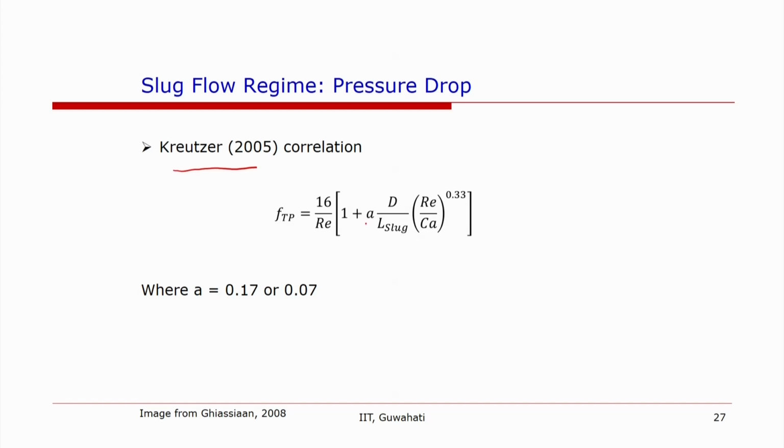The value of a that he obtained from his correlation was 0.17, and then he compared this with the numerical simulations, and he found that 0.07 fit his numerical simulations well, whereas from experimental data it was 0.17. So this is one correlation which can be used for pressure drop in the slug flow regime.